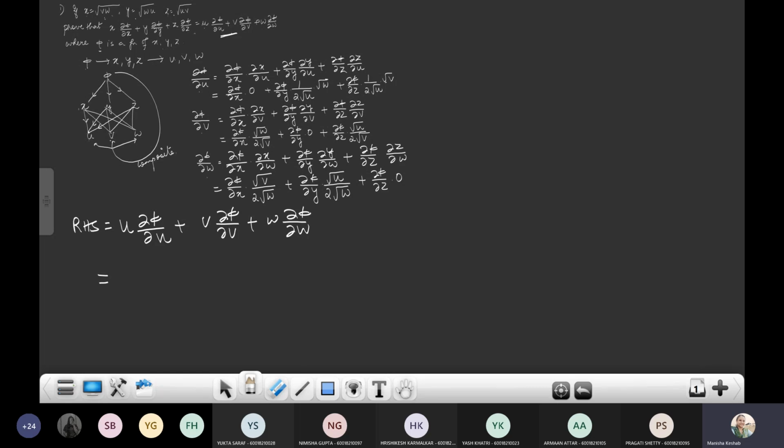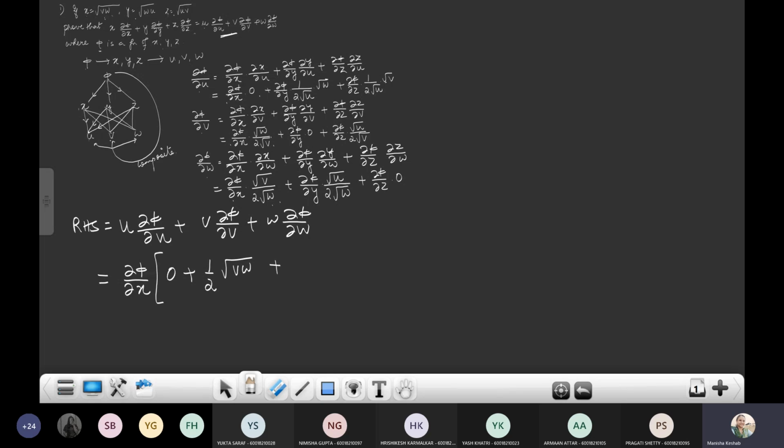If we are adding, in that case del phi del x is common, right? So you will be adding these values along with multiplication of u, v, w respectively. So directly we can consider del phi del x common, then u into 0 is 0 plus v into this, that means we will get half into root of vw.